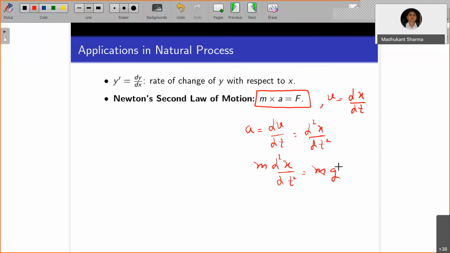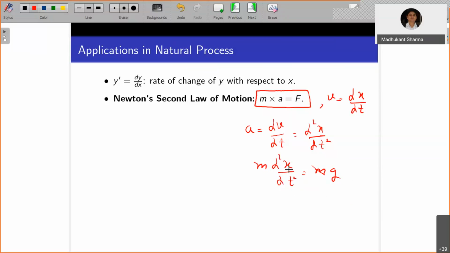You know g, gravity, is a constant, independent of time, and you can find the solution by integrating two times and find x as well. Now suppose there is interference of the air. Air exerts resistance here.